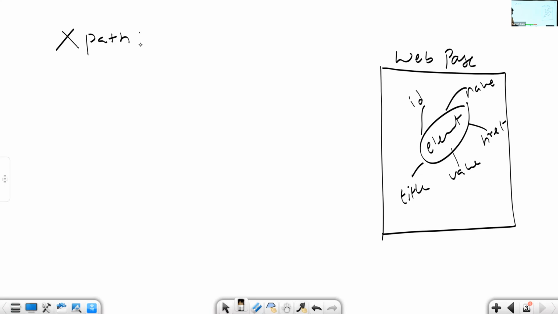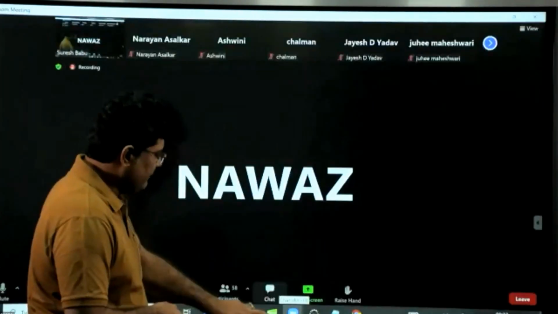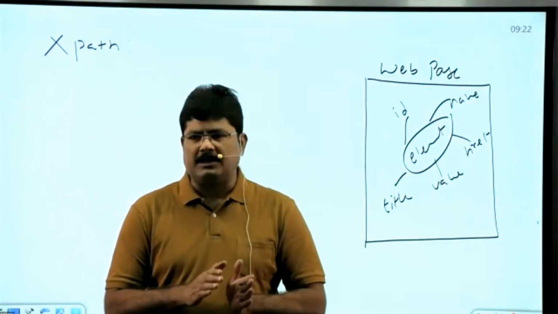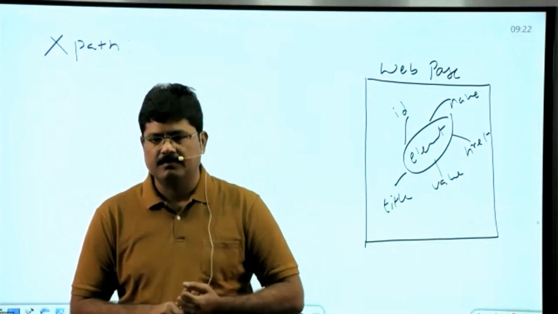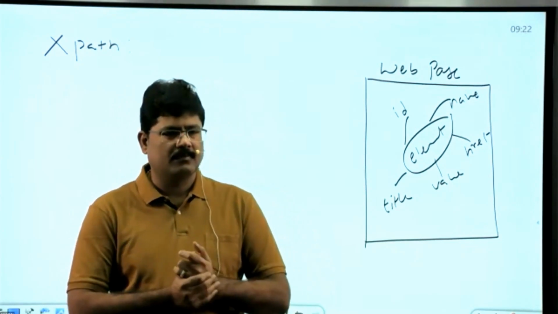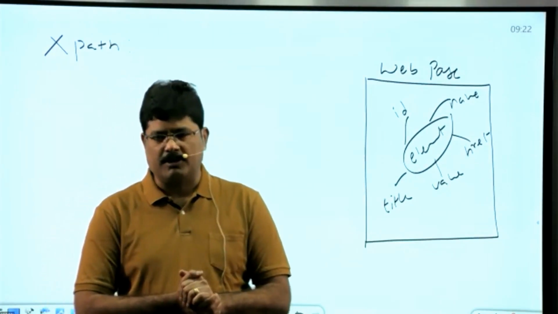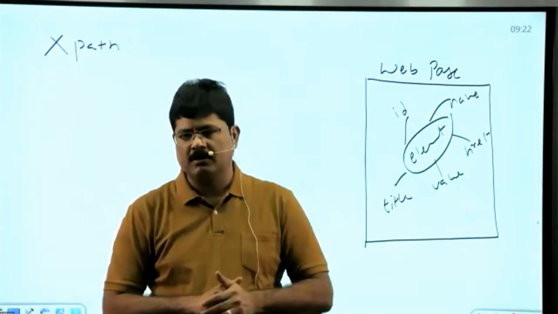First, you answer me. Using properties to identify the element is suggested, or location? Properties, sir. What is the meaning of location? His location, row number 2, seat number 1.